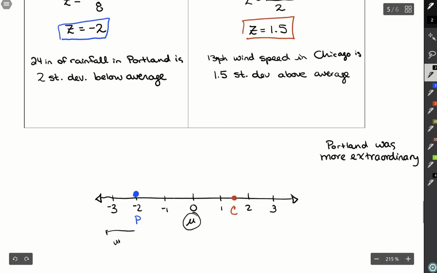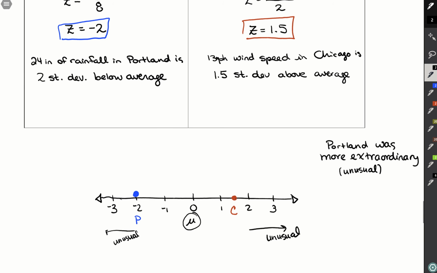Anything out there is considered unusual. This rainfall of 24 would be considered an unusual event because of that z-score of -2. So if you have a z-score of -2 or less, or +2 or more, those are considered unusual events.